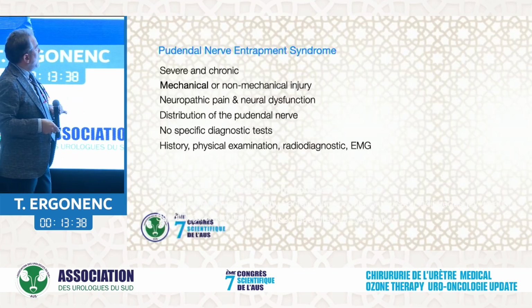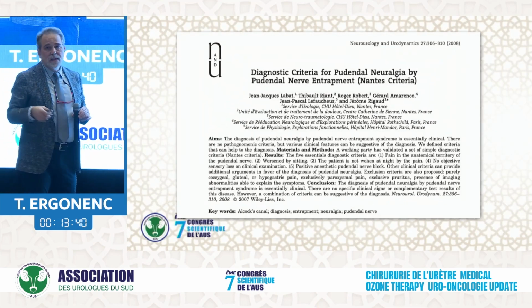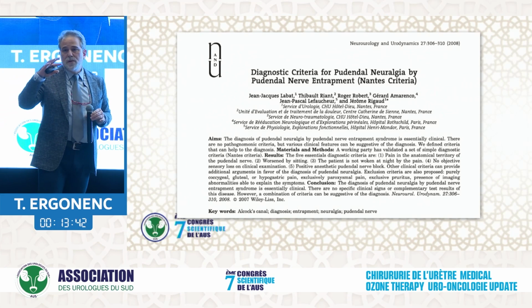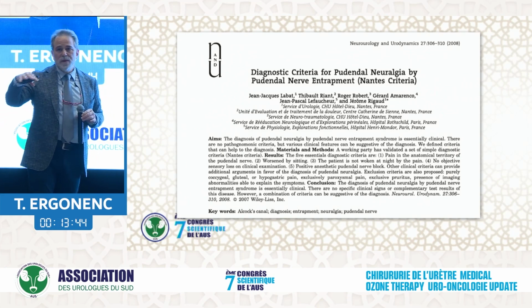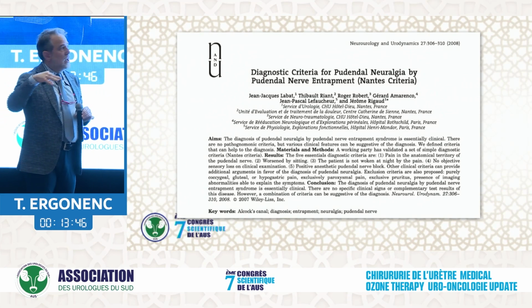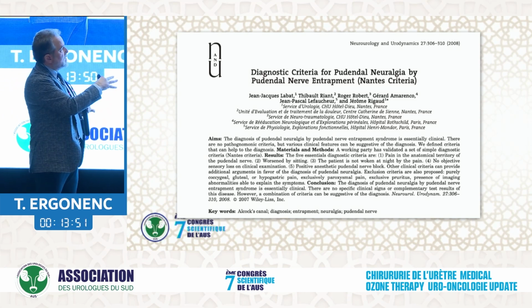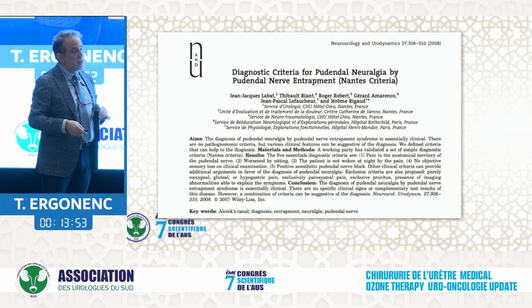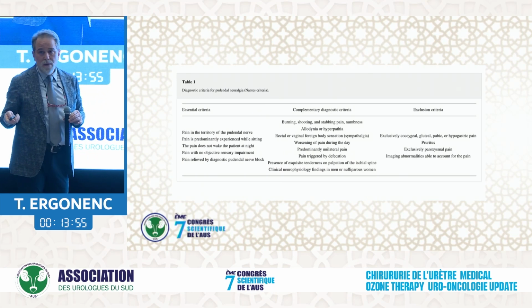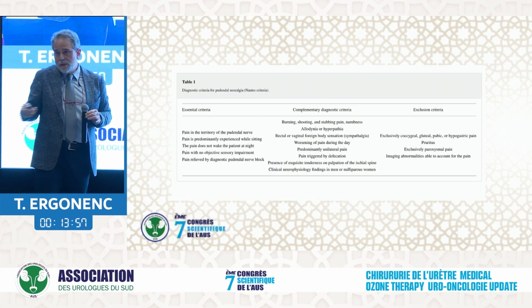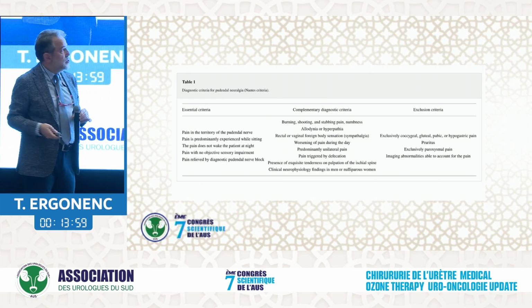And it's not easy to find the pudendal neuralgia symptoms. We need anamnesis, we need physical examination. Sometimes we need EMG, but there are some criteria, the Nantes criteria, for pudendal neuralgia. It's not only for women, it's also for male pathology.